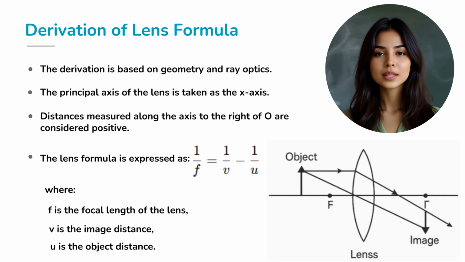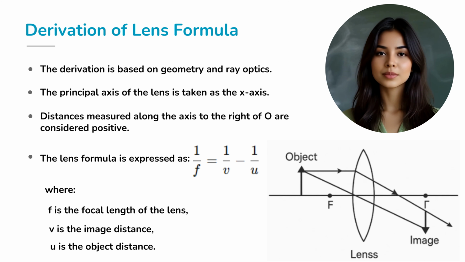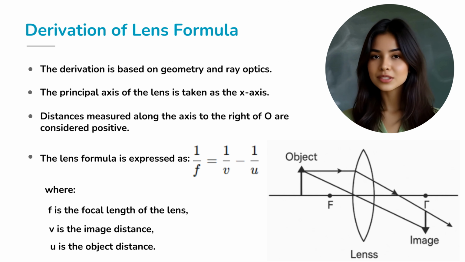Alright students, now that we've introduced the lens formula, let's dive into how it is actually derived. Don't worry, this is not just about equations, it's about seeing how geometry and ray optics come together to explain something we observe every day. We begin with the idea that the principal axis of the lens acts as a reference line, or simply the x-axis.